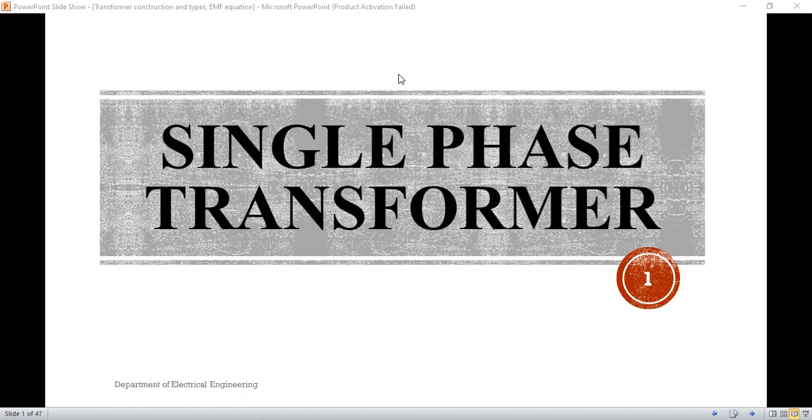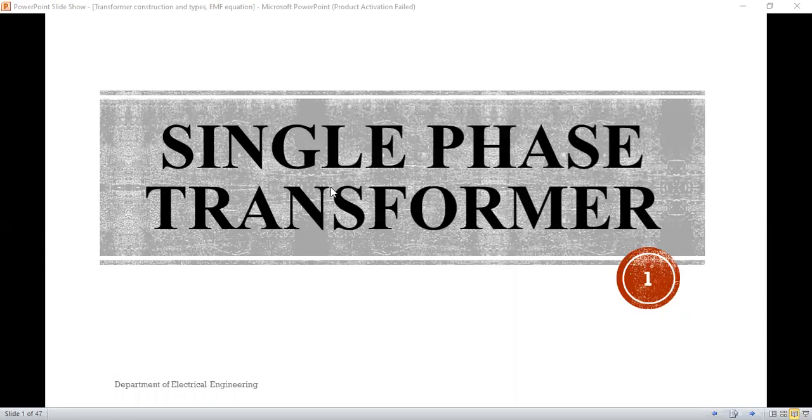In the previous lecture, we concluded unit number 3, that is testing of a DC machine. We have seen different types of tests, and we calculated the efficiency of the DC machine, both DC motor and generator, by performing a test.